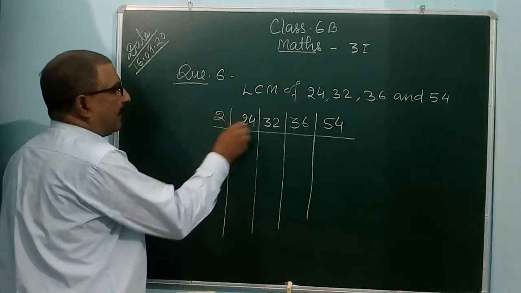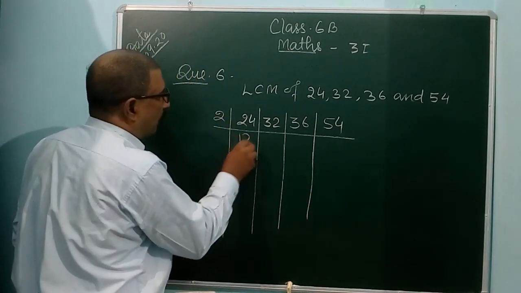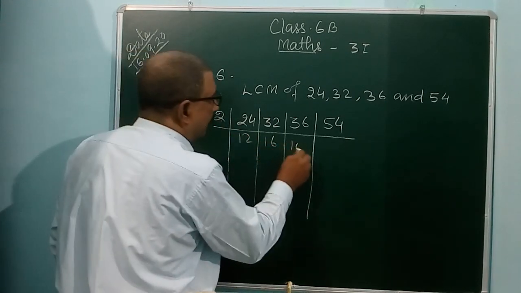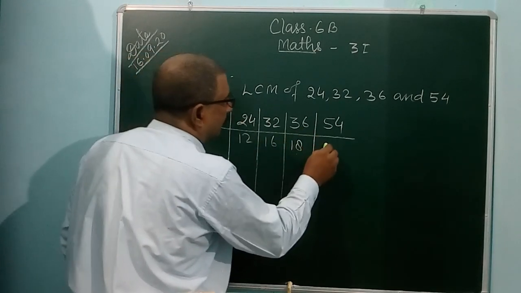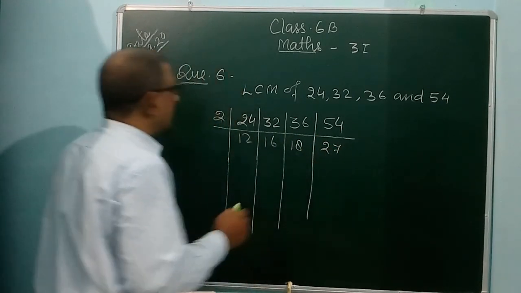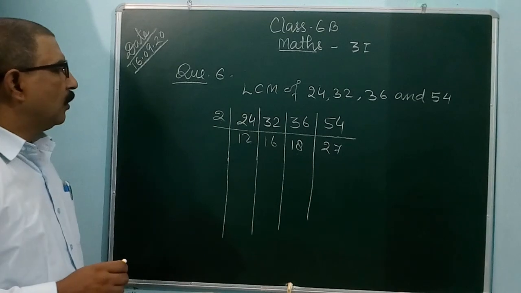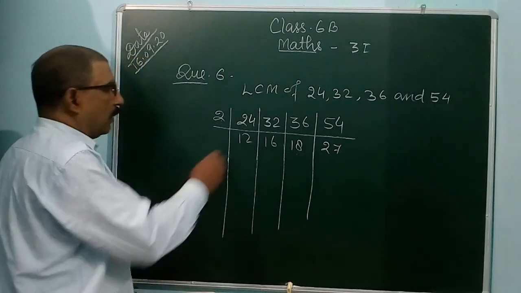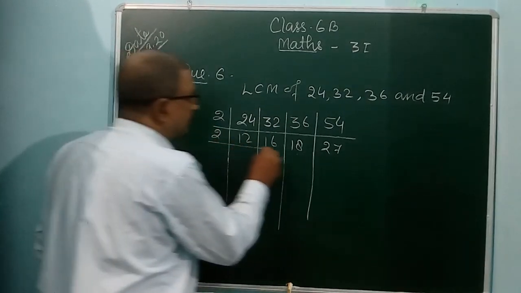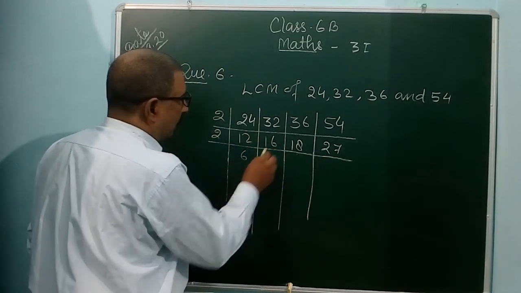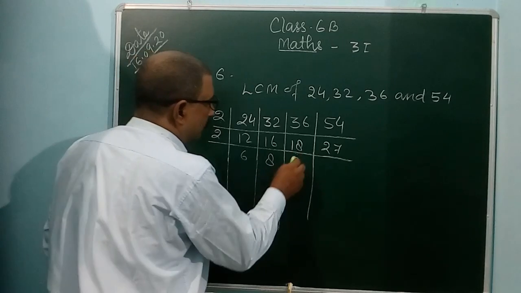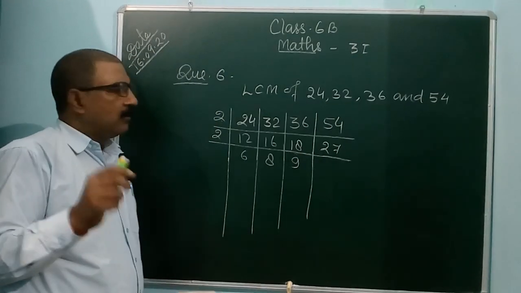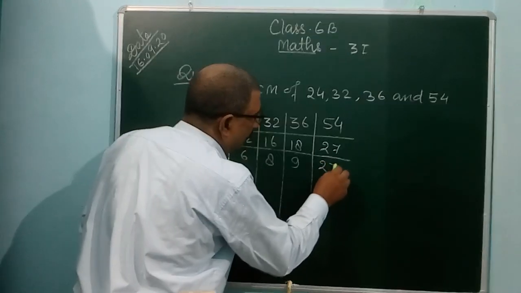By 2, you can divide it: 12 to the 24, 16 to the 32, 18 to the 36, and 27 to the 54. Again by 2 you can divide. 2 6s are 12, 2 8s are 16, 2 9s are 18, and 27 is not divisible by 2, so you write it as it is, 27.